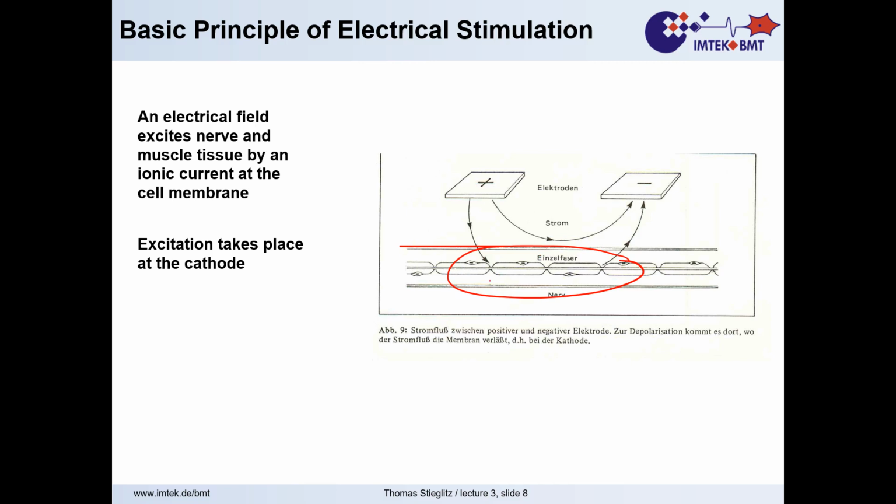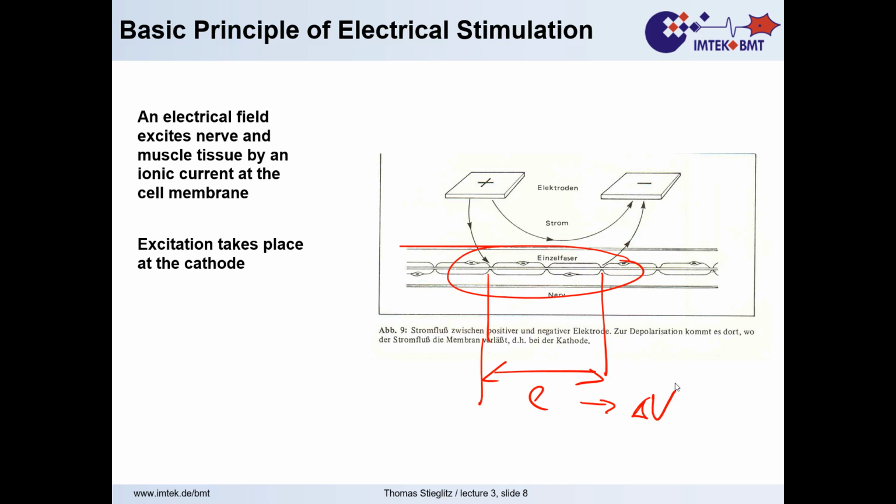So we have here two nodes of Ranvier. They have a certain distance, L, and we should have here a difference in the electrical potential. If we don't have any difference in electrical potential, we cannot excite the nerve electrically.